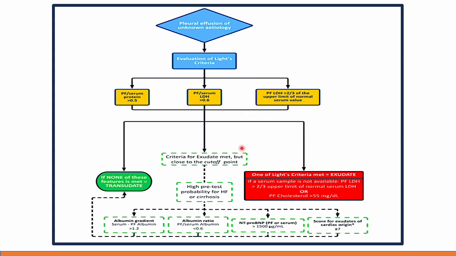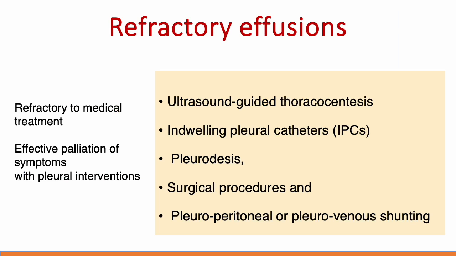If you have a doubt, you apply these criteria further, and if one of the Light's criteria is met, it becomes an exudate. We also gave two different values: if you don't have a serum sample, then a pleural fluid LDH more than 2/3 of the normal upper limit of serum LDH, or a pleural fluid cholesterol more than 55, can be taken as an exudate.